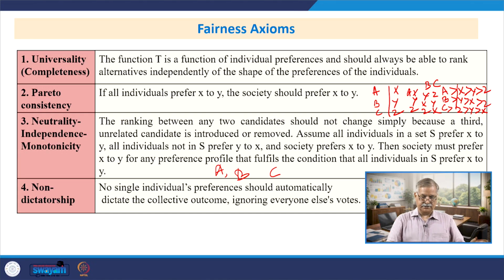It should be the collective outcome of a large number of people, and in a dictatorship, all others' views are ignored, and that is not acceptable. So non-dictatorship means no single individual's preference should automatically dictate the collective outcome of the policy.